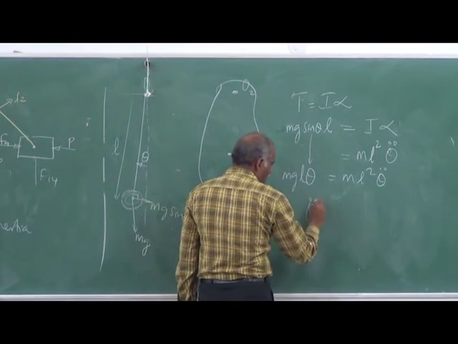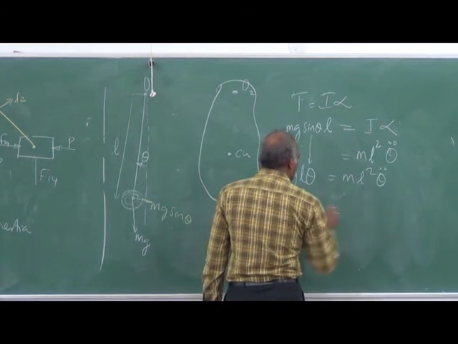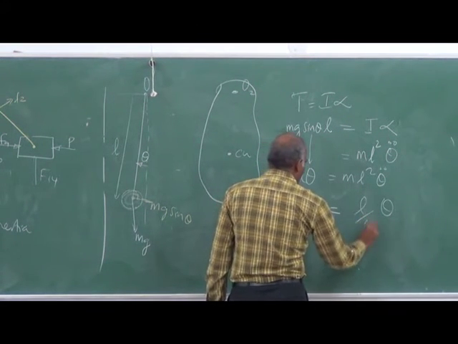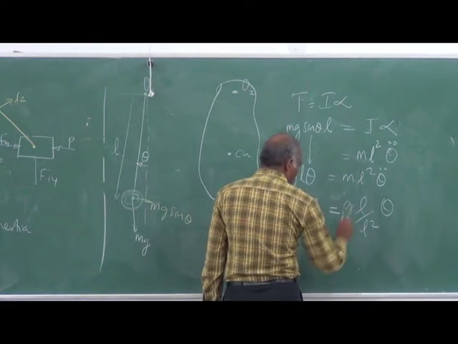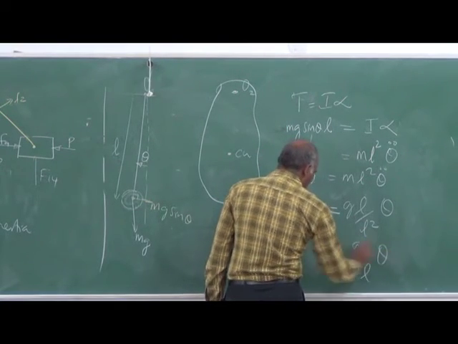So I can write theta double dot is equal to g L theta by L square, that is equal to g by L theta.